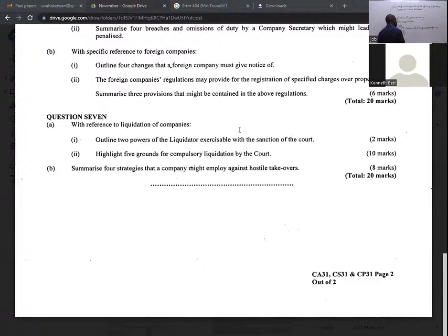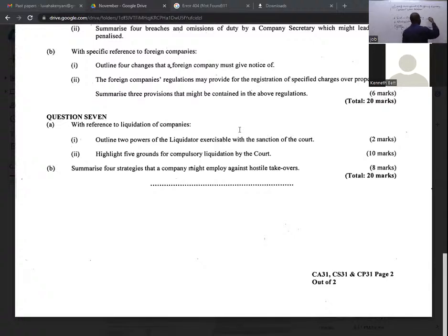We also learned about mergers. Then we also learned about takeovers and acquisitions. But of course, I told you there are several other ways corporate restructuring can happen.